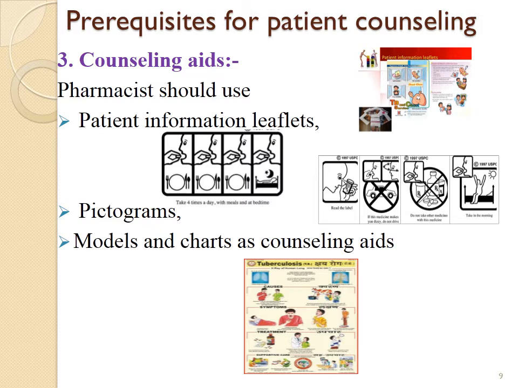The first counseling aid is the patient information leaflet. Patient information leaflets are a means of educating the patient about their condition, illness and how they can take care of themselves. Patient information leaflets are available in local languages. They are simple, easy to understand, written information about the drugs and disease condition.